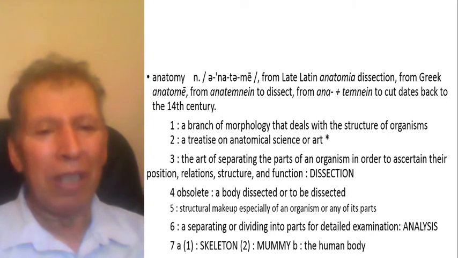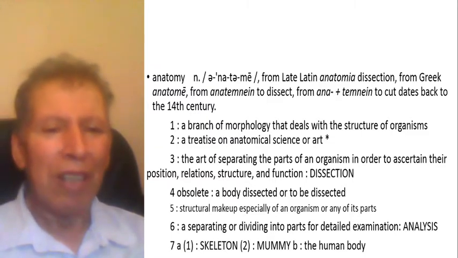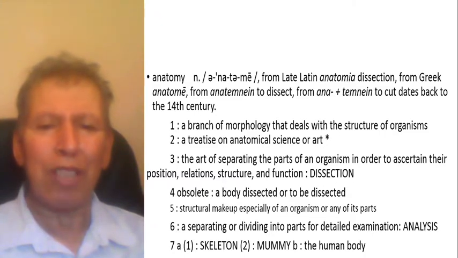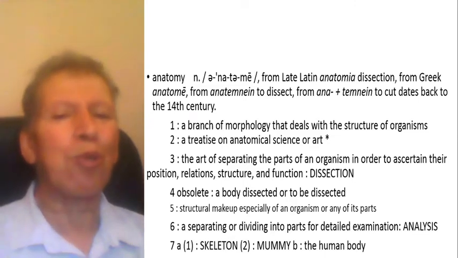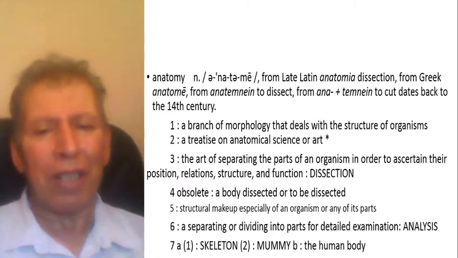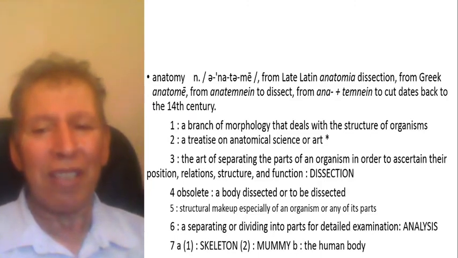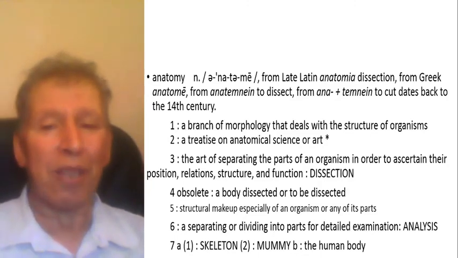An obsolete meaning, a body dissected or to be dissected. Number five, structural makeup, especially of an organism or any of its parts, which means the structure, the components, what is something made of. And number six, separating or dividing into parts for detailed examination, analysis. So it has something to do with analysis as well.